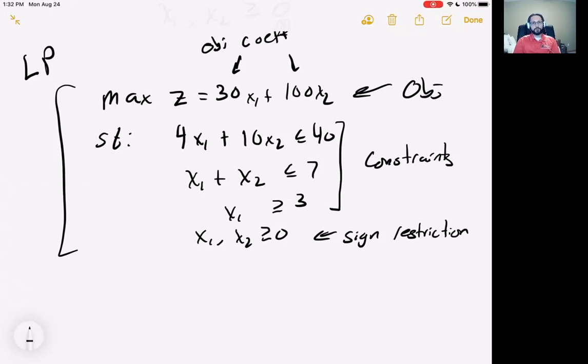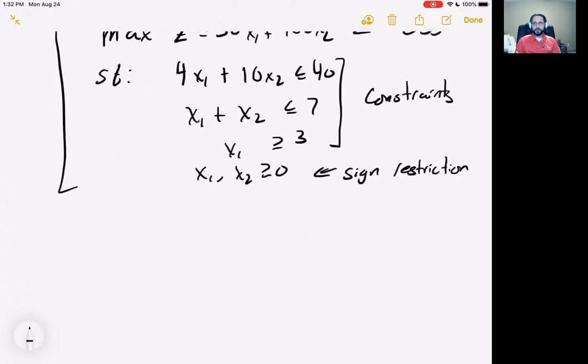As we move forward in the course, our goal will be to determine solutions to this LP, values of x1 and x2 that maximize z. But for now, it's worth asking, are there any values at all that satisfy this LP? In other words, are there any feasible points?